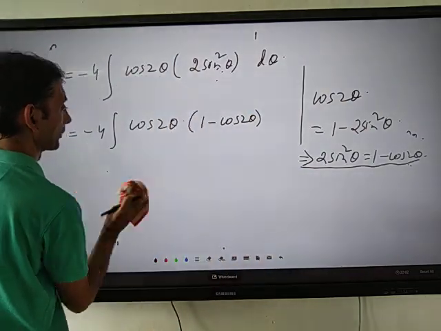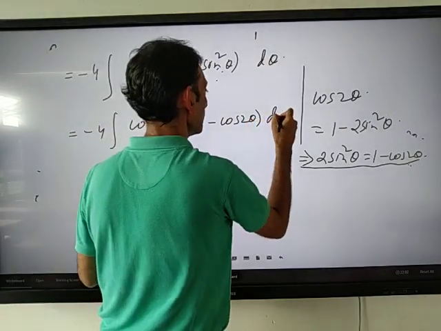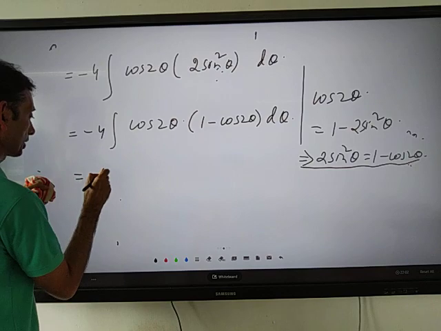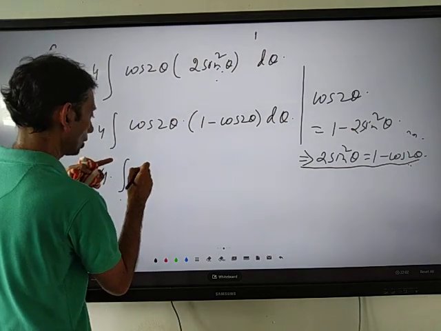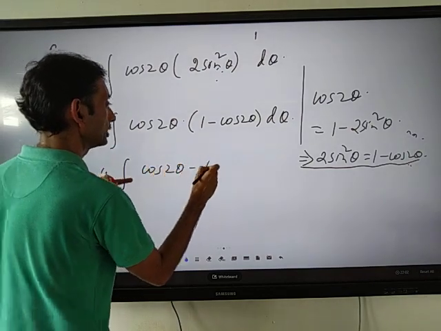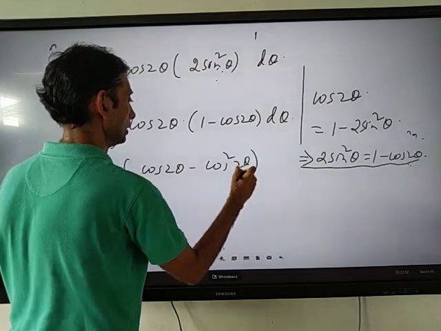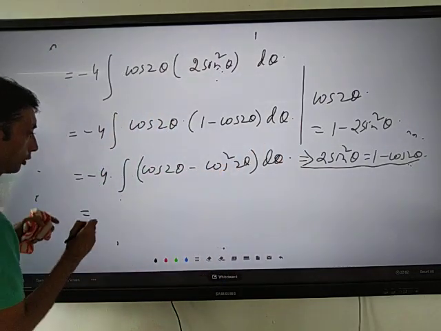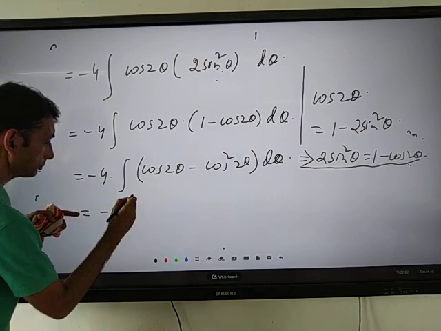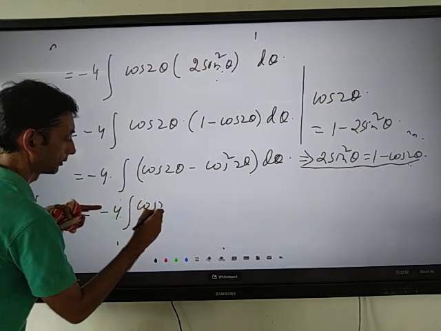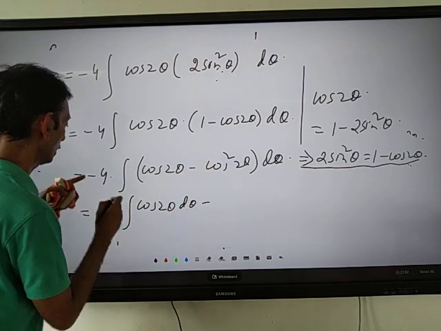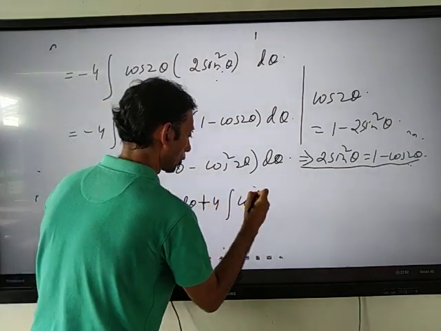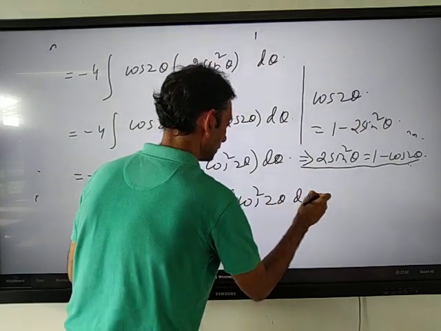Now, slowly coming towards the end of this particular question, we just multiply cos 2 theta, and we'll multiply cos square 2 theta d theta. We're just integrating now. Minus 4 cos 2 theta d theta, then minus minus plus 4 cos square 2 theta d theta.